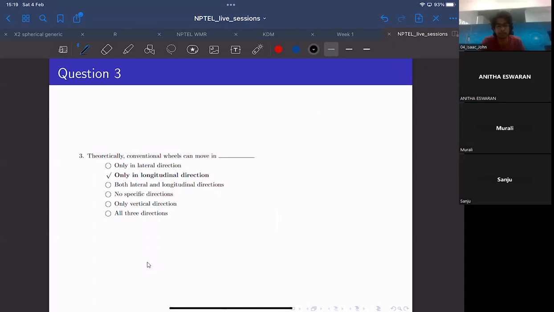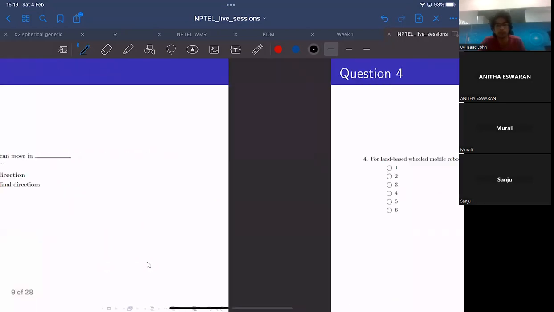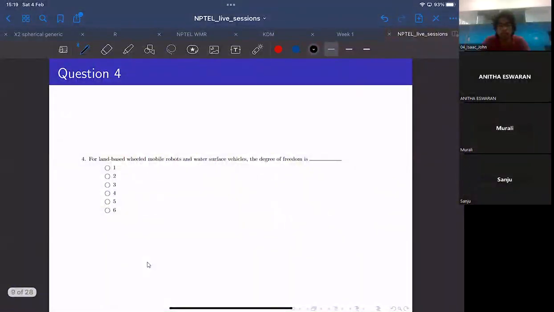So moving on to the next question. For land-based mobile robots and water surface vehicles, the degree of freedom is. So can any of the participants answer this question?